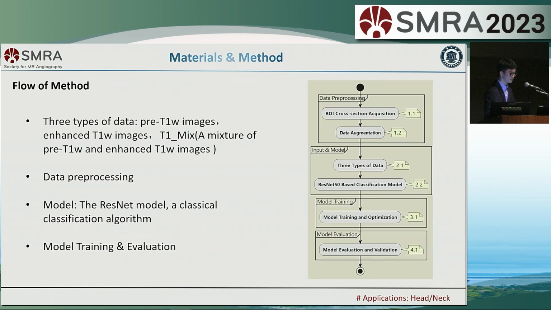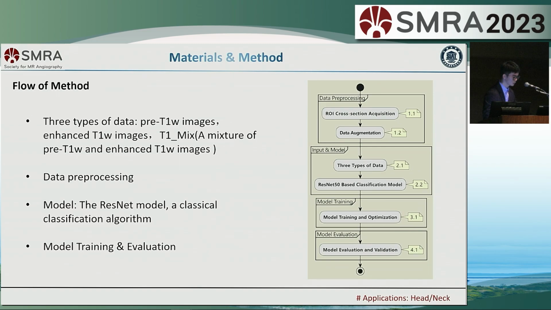The right side is the flow chart of our method. First, data processing. We got the ROI cross-section and conducted data augmentation. Second part is input and model.